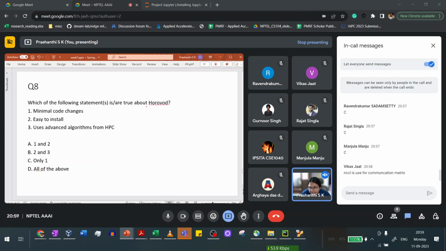Which of the following is true about Horovod? You have three options and combinations of these. Take your time to look through it.